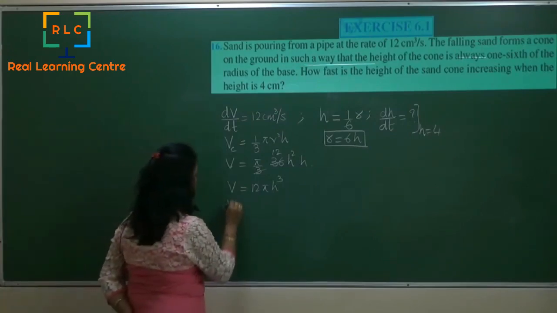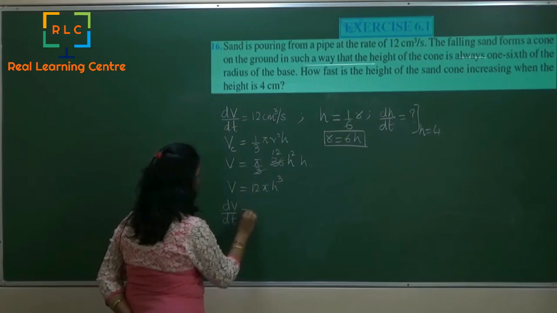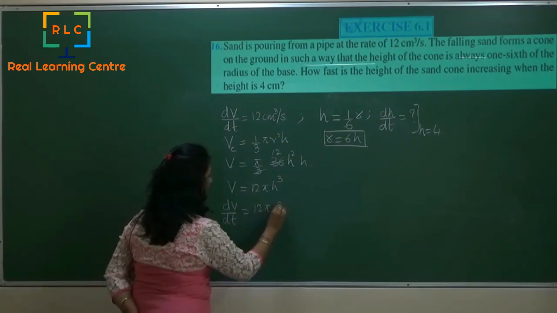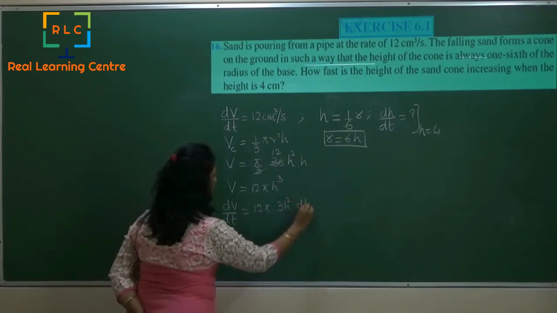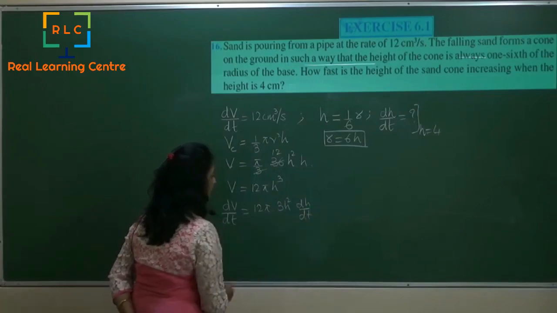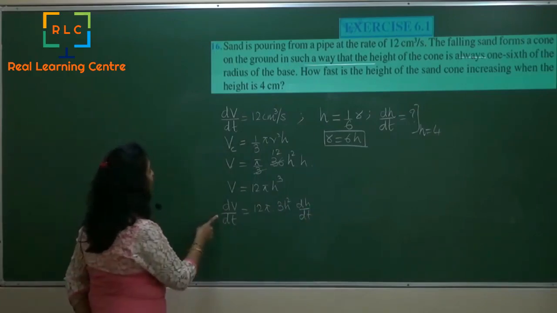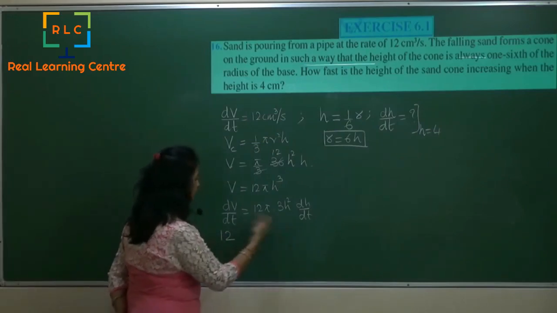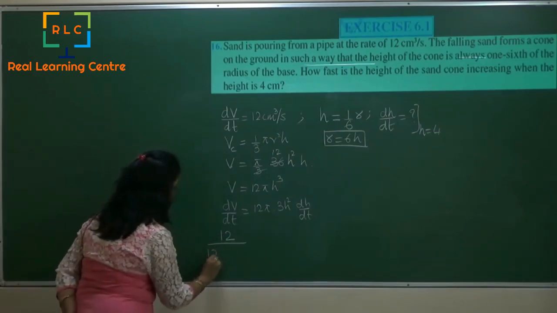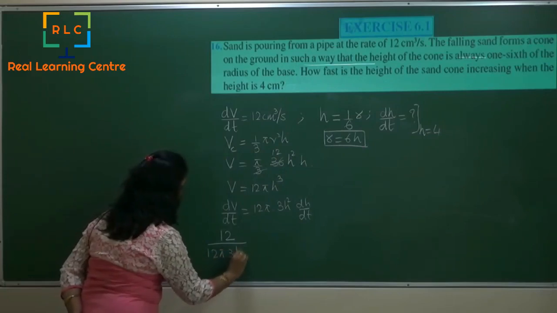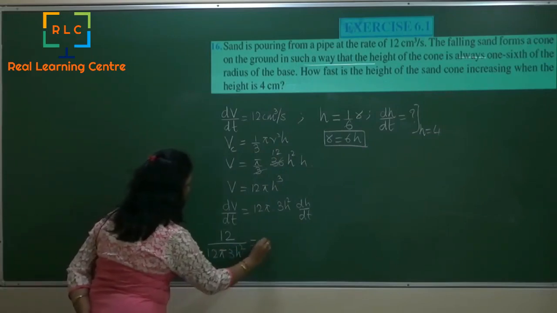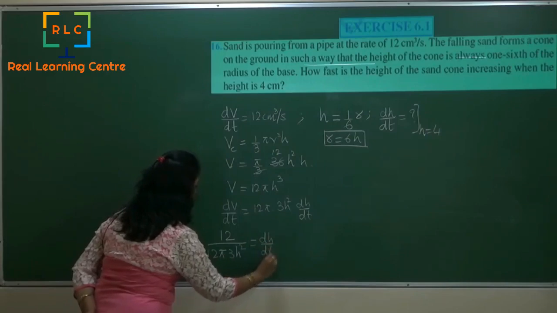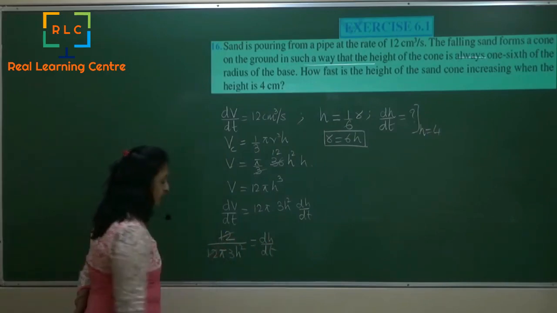Now we'll differentiate this with respect to t. dV by dt is equal to 12 pi into 3h square dh by dt. Now dV by dt is given to be 12, and the remaining I'm going to transpose this side, divided by 12 pi into 3h square is equal to dh by dt. 12 got cancelled.